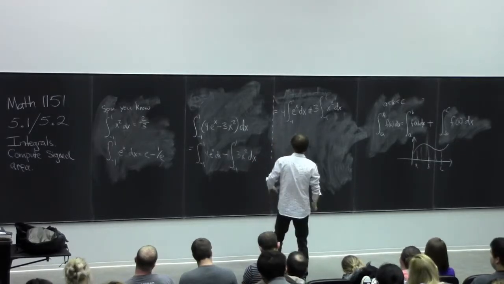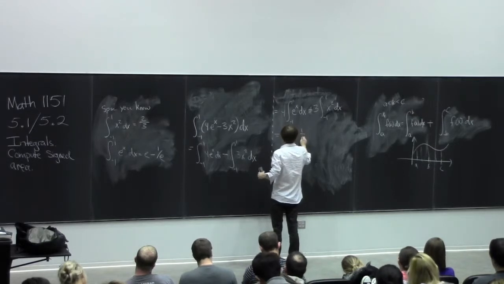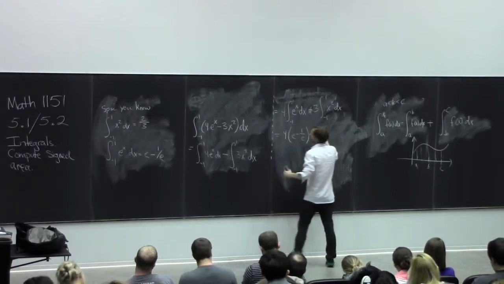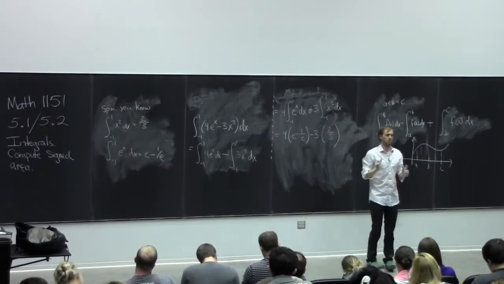And now I just substitute. So this is equal to 4 times (e minus 1 over e) minus 3 times 2/3. Good?